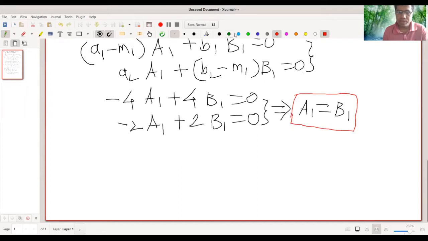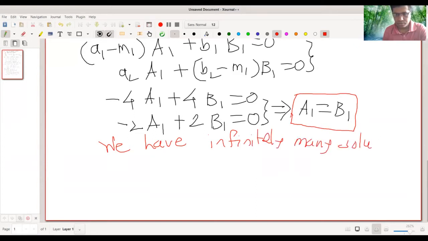So we have infinitely many solutions. We take a non-trivial solution. For example, we may take B1 equal to 1 so that A1 is also 1.